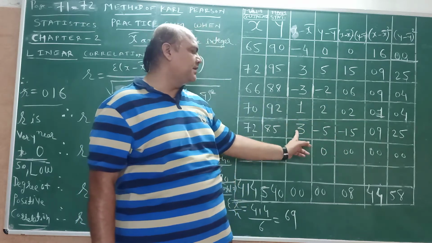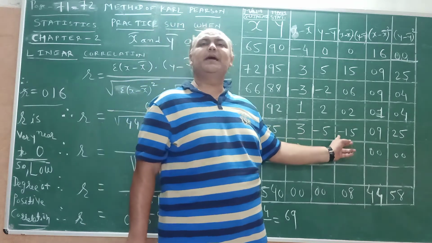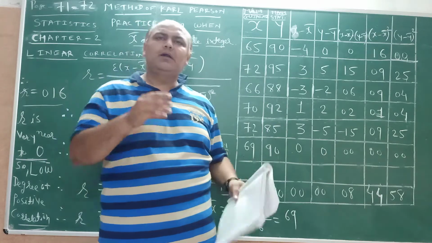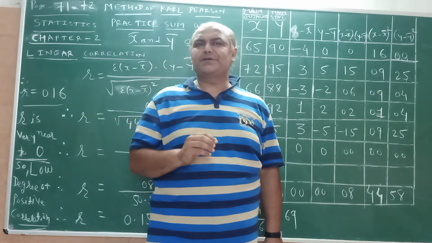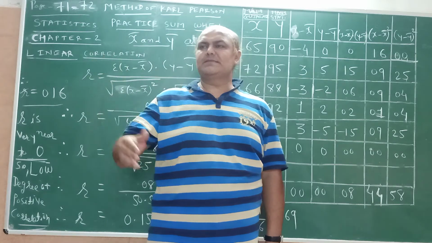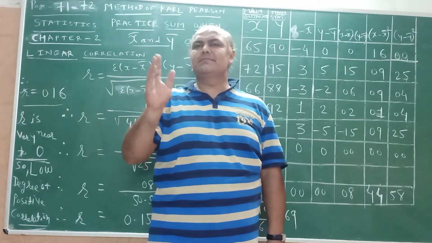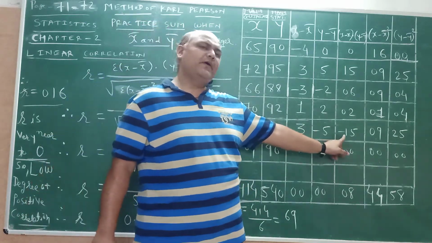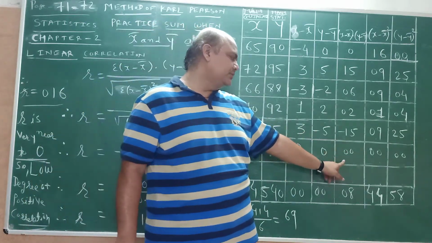Why? Because plus into minus, so it is minus. Remember, in basic maths we all learn these rules of multiplication: minus minus plus, plus plus plus, plus minus minus, minus plus minus. So 3 into minus 5, minus 15, 0 into 0, 0.